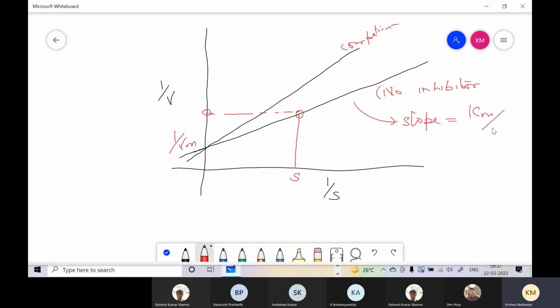So obviously at this substrate concentration, this is the velocity of VA. Let us assume that VA is the competitive inhibitor. Notice that this velocity is lower than V naught. And notice that at S is equal to twice S naught.